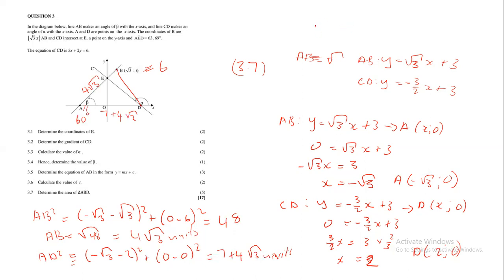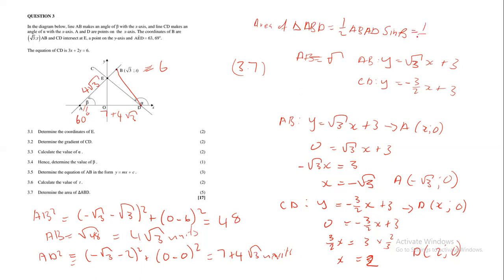To determine the area of triangle ABD, it is equal to half AB multiplied by AD sine beta.